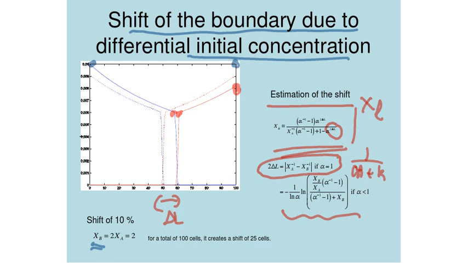We found out that with a change here of a factor 2, you can have a shift of about 10% for a total of 100 cells. This creates a shift of 25 cells. This is quite interesting, because now you can see how the shift depends on the different parameters, especially the graded expression or the parameter alpha, which accounts for a certain number of combinations of parameters, as we discussed above.